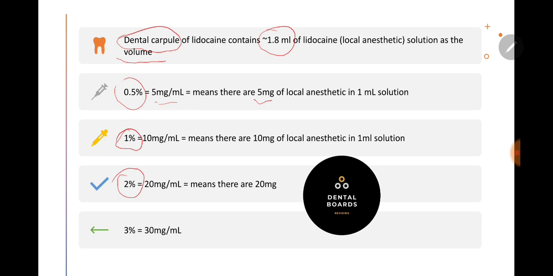If you're outside, you may have different concentrations, but the math is the same. Math doesn't change. So 2% is 20 milligrams per ml, which means there are 20 milligrams in 1 ml of solution. And 3% means 30 milligrams per ml.